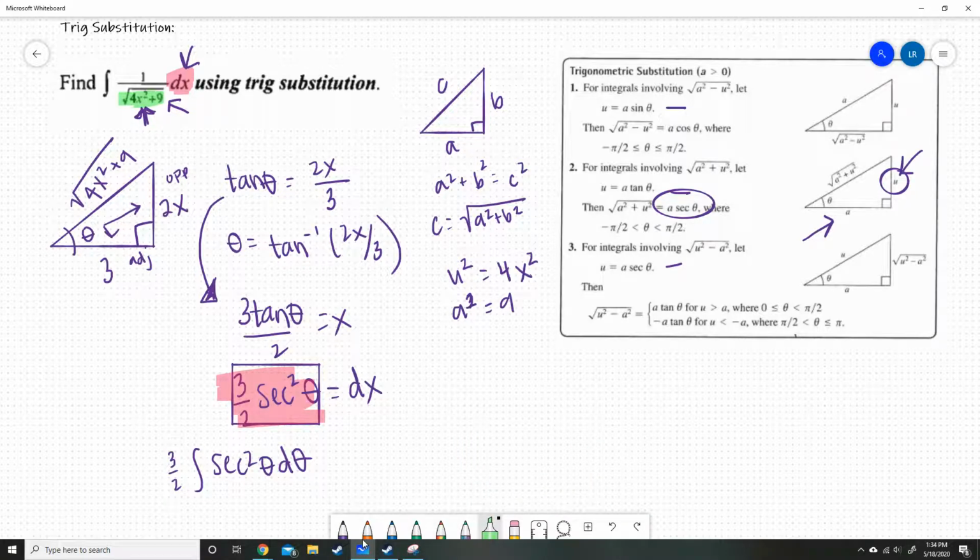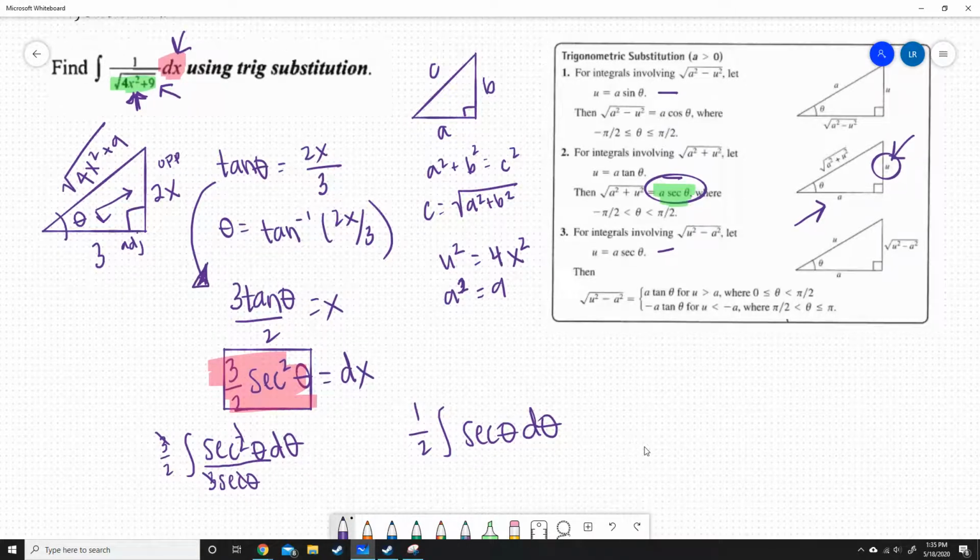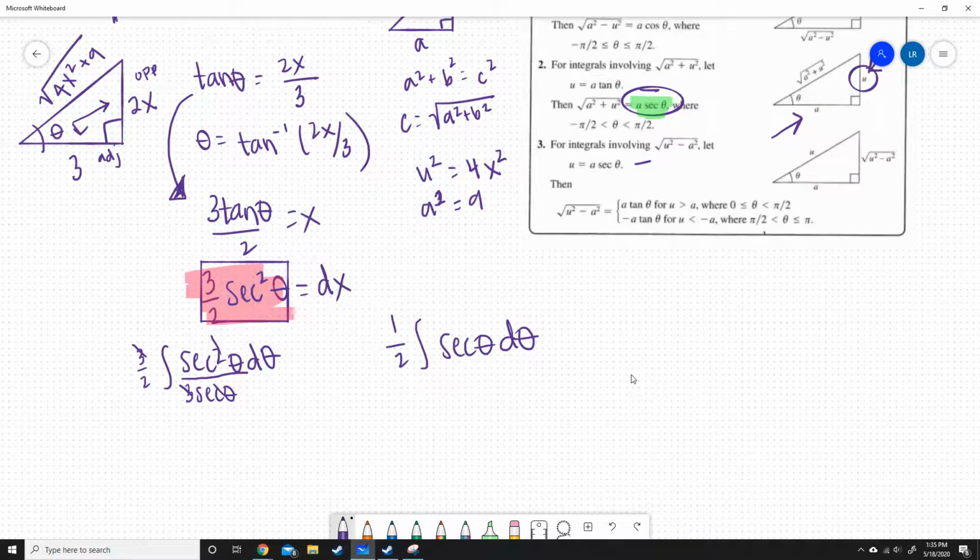This is going to be replaced with this. And so we're going to divide that by, well, a is 3, and then secant of theta. The 3 will cancel out of the top and the bottom, and one of the secants will. So I'm going to have 1/2 the integral of secant of theta d theta. That's not so bad.